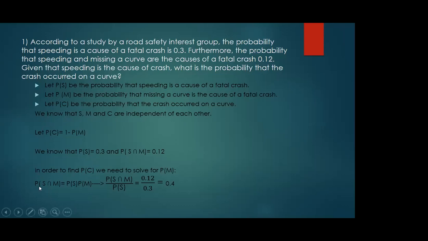So the probability of S intersect M is equal to the probability of S times the probability of M. We are solving for M, so we divide both sides by the probability of S. The probability of M is the probability of S intersect M divided by the probability of S, which is 0.12 divided by 0.3, which is equal to 0.4.